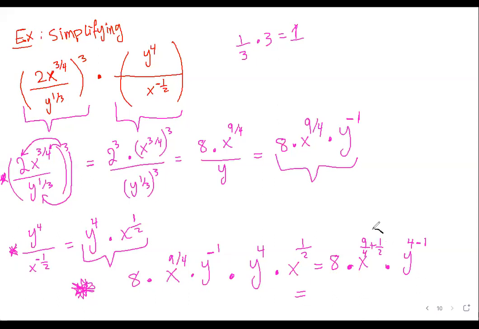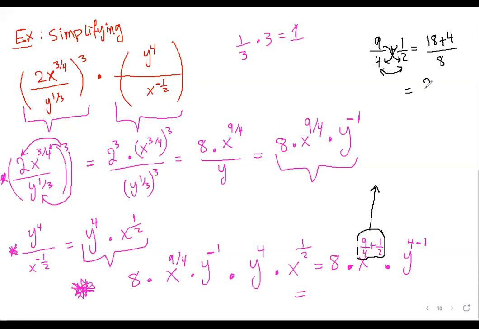So let me do this thing here. 9 over 4 plus 1/2. Cross multiply. 9 times 2 is 18, plus 4 times 1 is 4, over 4 times 2 is 8.